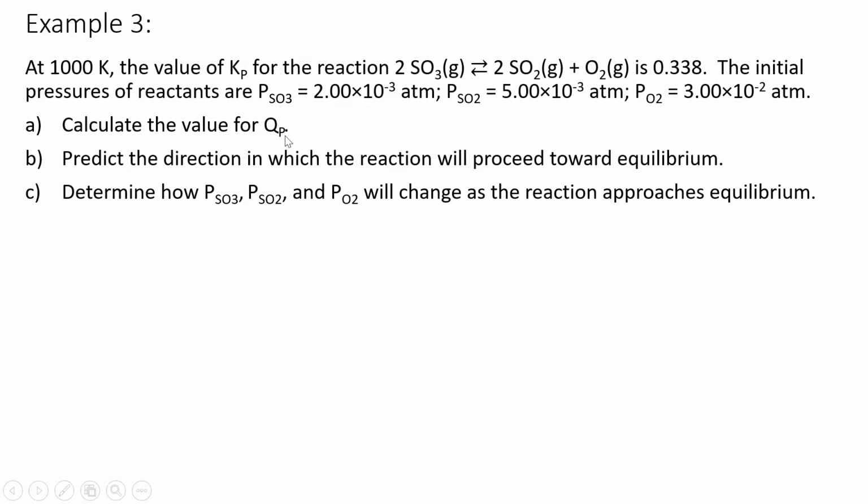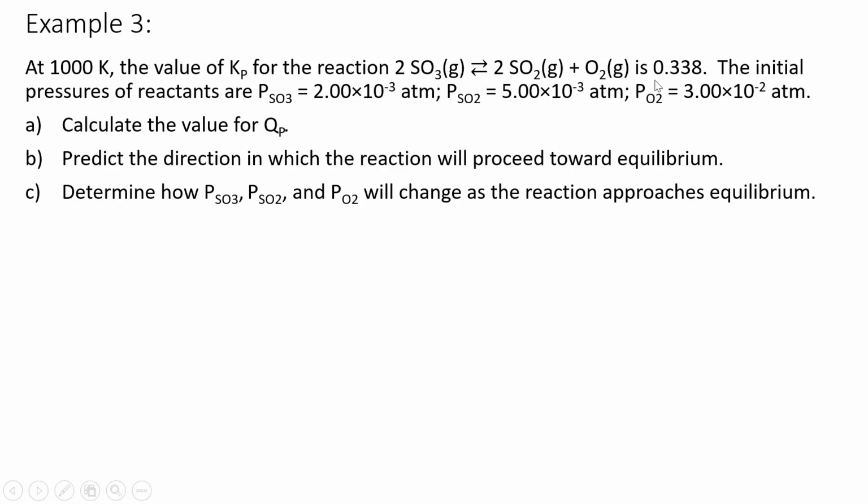So before we get started, we want to be able to set up our equation for Qp. Qp is going to be the pressure of SO2 squared, and we square it because of the coefficient of 2, times the pressure of O2 divided by the pressure of SO3 squared.